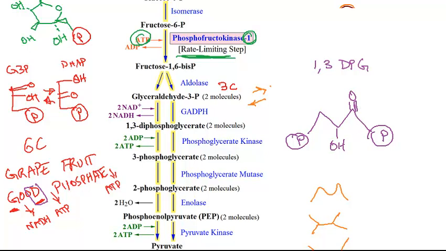So here, let's erase the phosphate here, and replace it with an O negative. So now we have 3 phosphoglycerate. And then through the next reaction, via the phosphoglycerate mutase, converting the 3 phosphate group into the 2 phosphate. So now let's move the phosphate group from the third carbon to the second carbon.